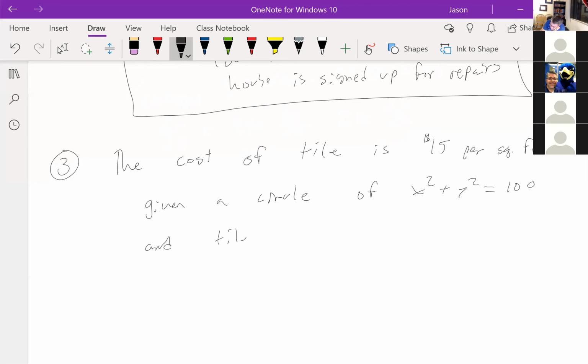And a tile can be laid at a rate of 20 square feet per hour.